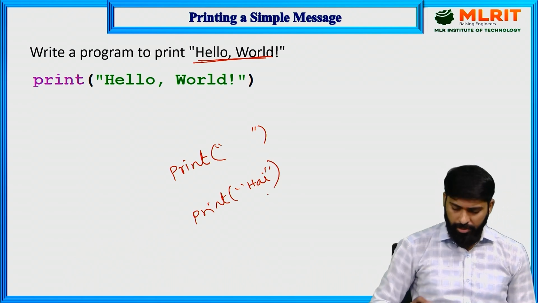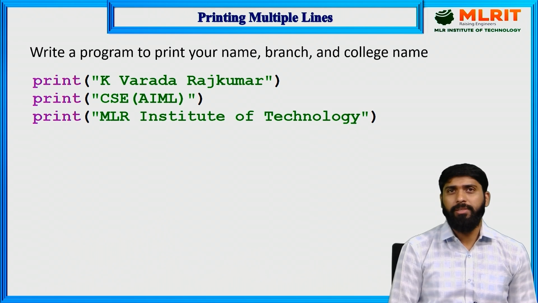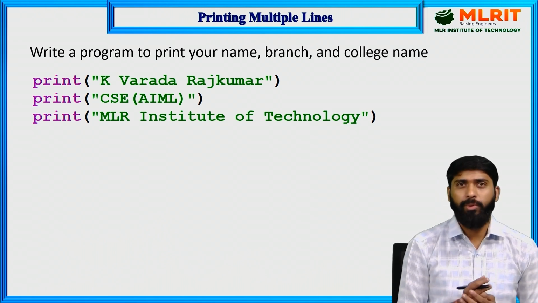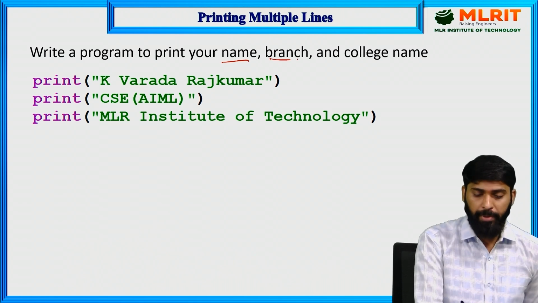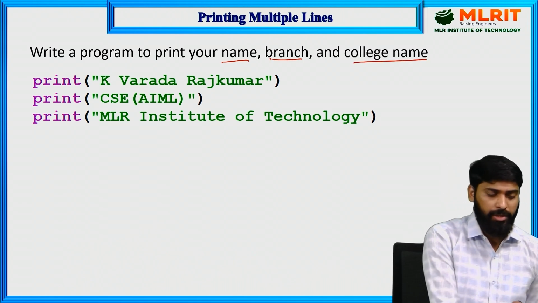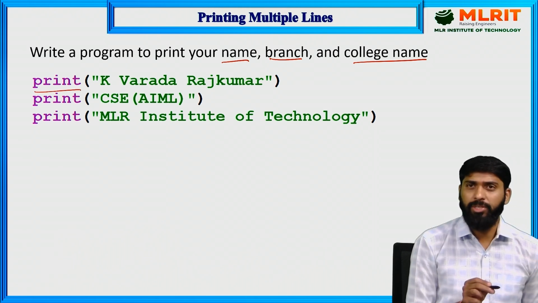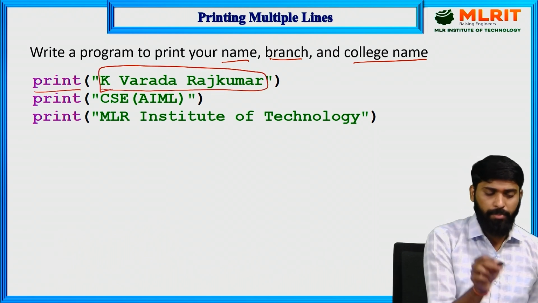Okay. Let us see another program. Printing multiple lines. Now here I want to write a program to print name, branch and college name. Okay. So now I write print. The print function will print this message onto the monitor.